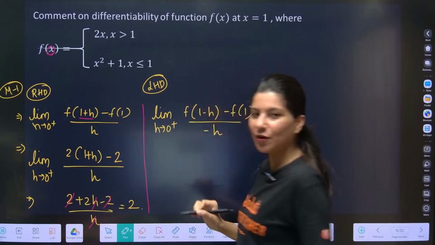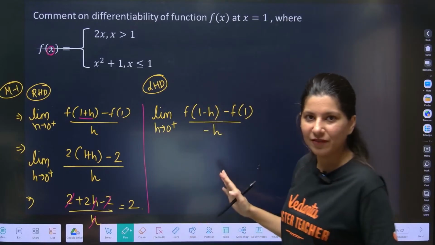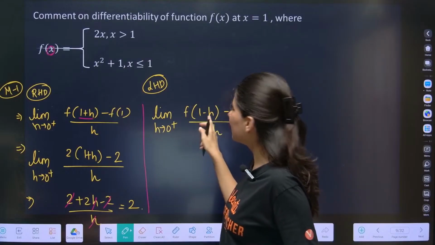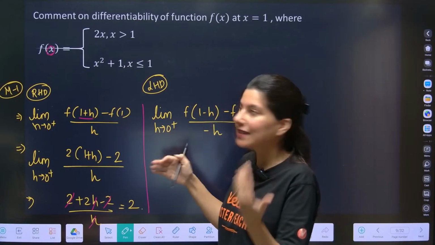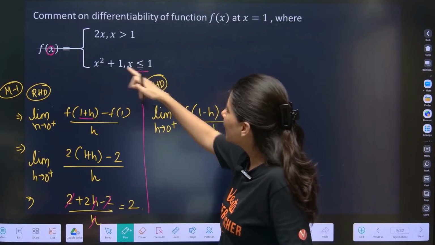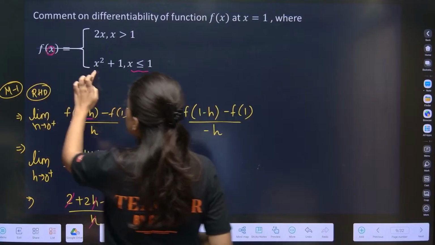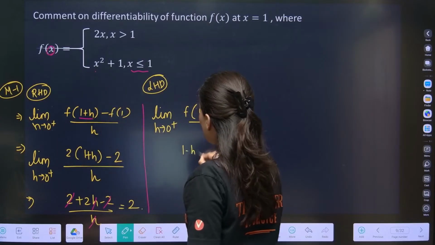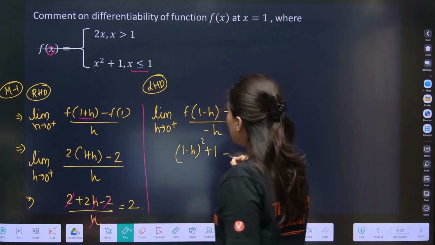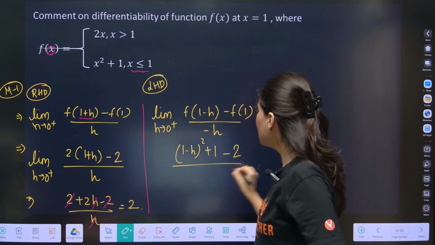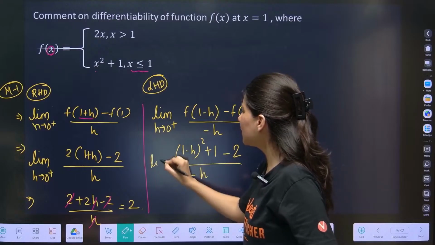Do you remember the formula? f of 1 minus h: h is positive, that means slightly less than 1, x less than 1 is here. So 1 minus h, you have to replace. f of 1 minus h will be 1 minus h whole square plus 1. And f of 1 is 2 only. So this is your 2 whole upon minus h, limit h tends to 0 plus.